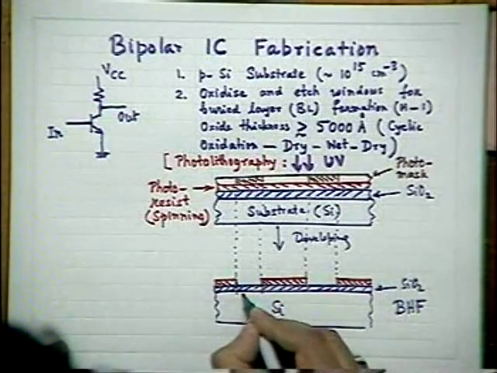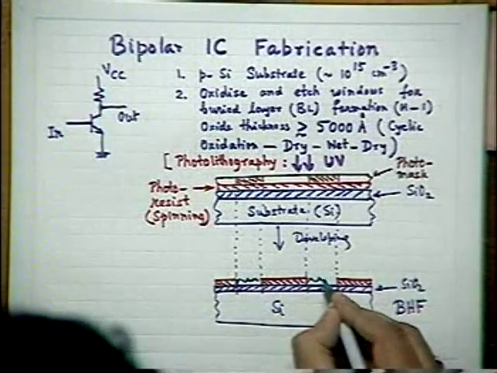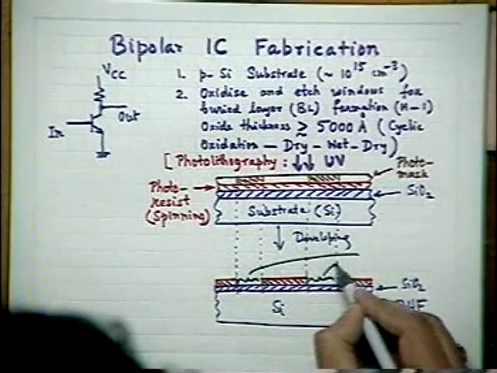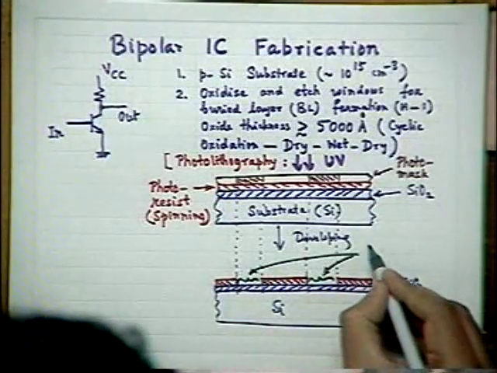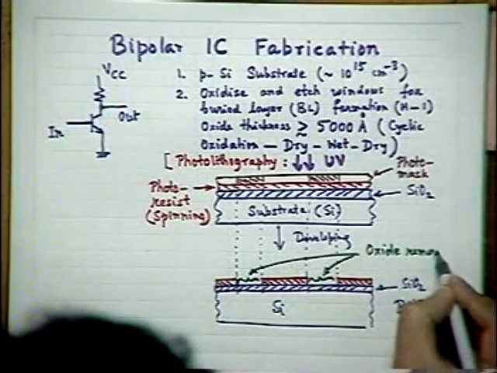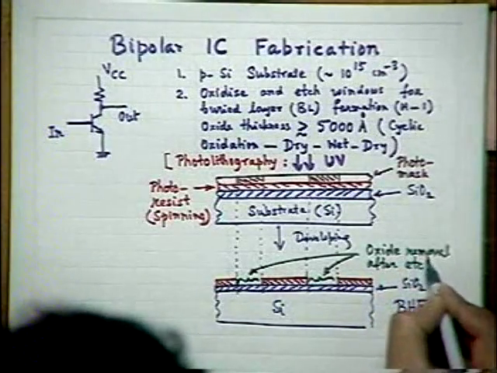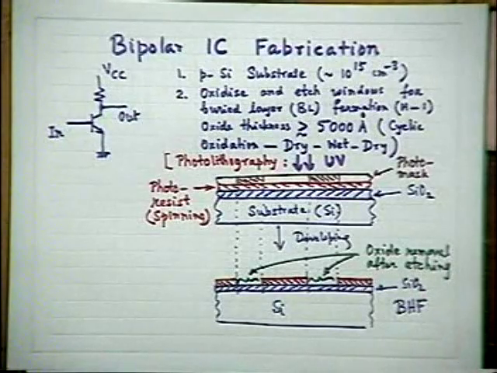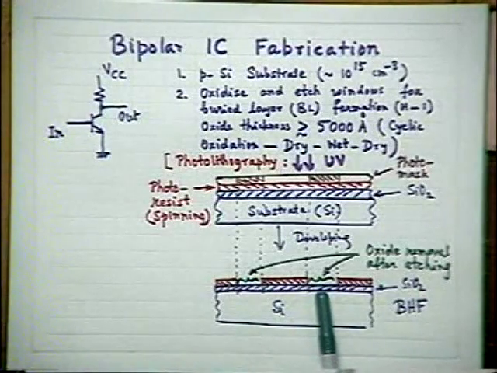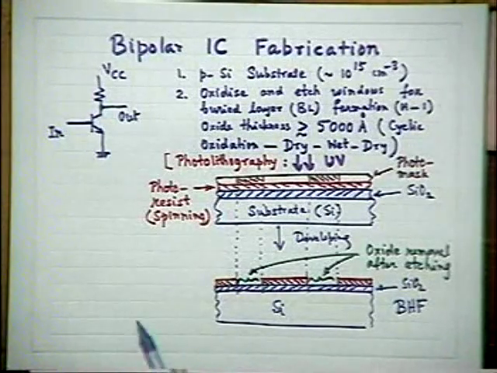from these regions, here to here, oxide removal after etching. So from these regions, oxide will be removed after etching in BHF. So what will happen as a result? We have got windows created on silicon.